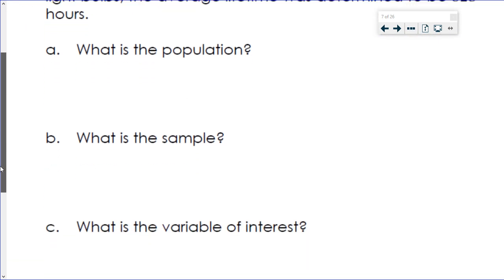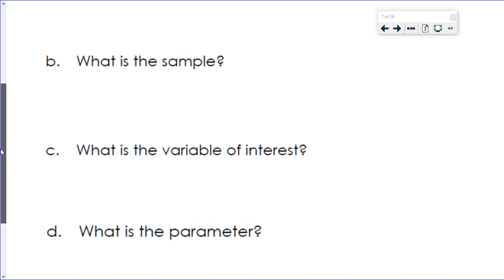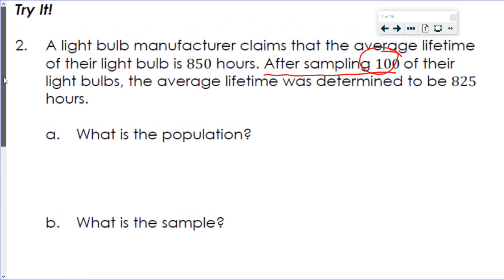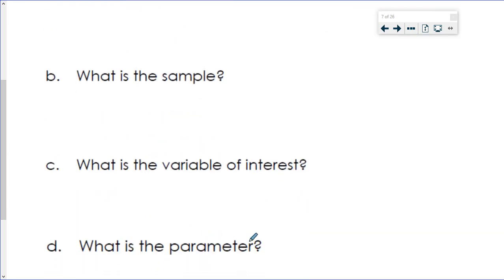All right. What is the parameter? Again, parameters apply to populations. So the population here is all of the light bulbs that they manufacture. And what did they say? The average lifetime of their light bulb is 850 hours. So the parameter there is going to be 850 hours.